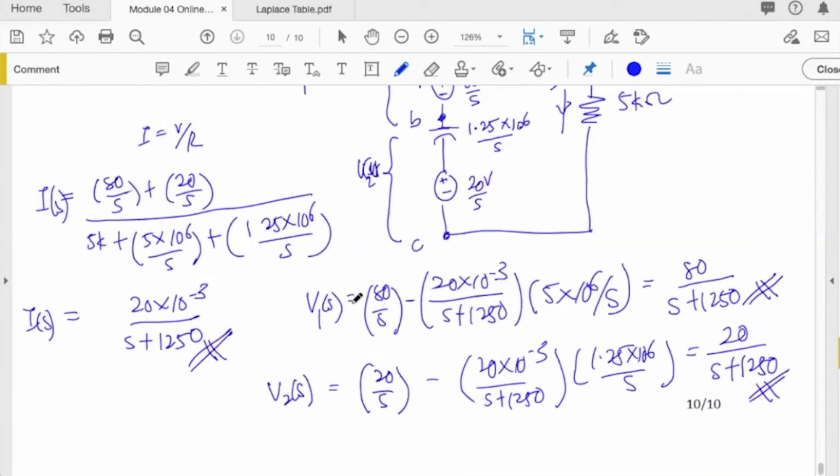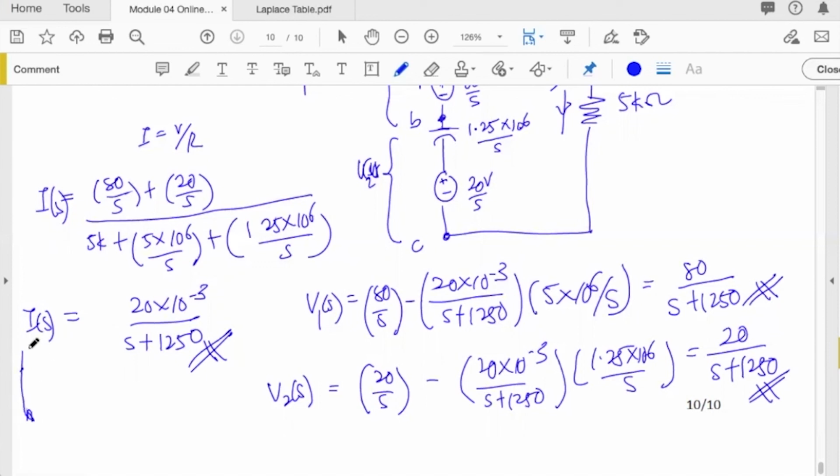In the next question, you need to transform Is into the time domain, so you need to apply the Laplace transform. I'll give you the straight answer here.